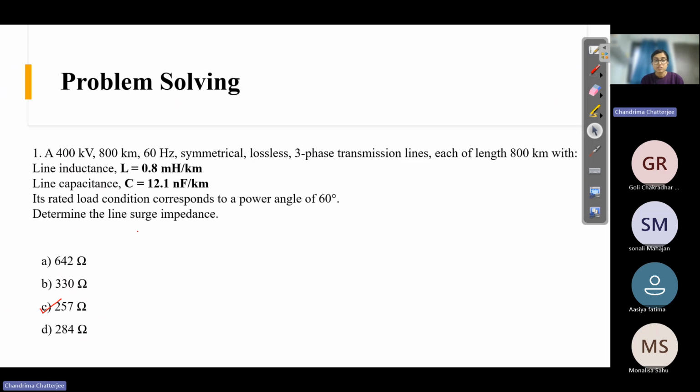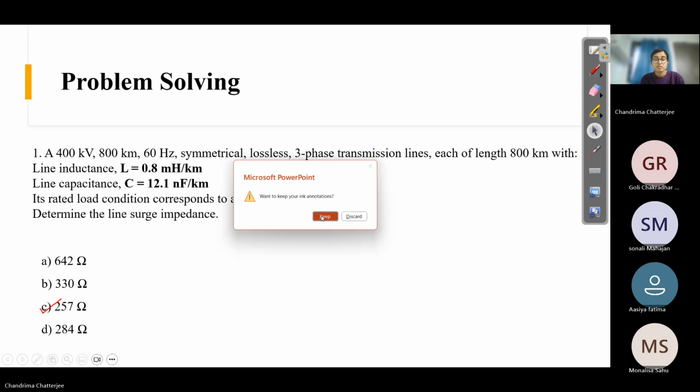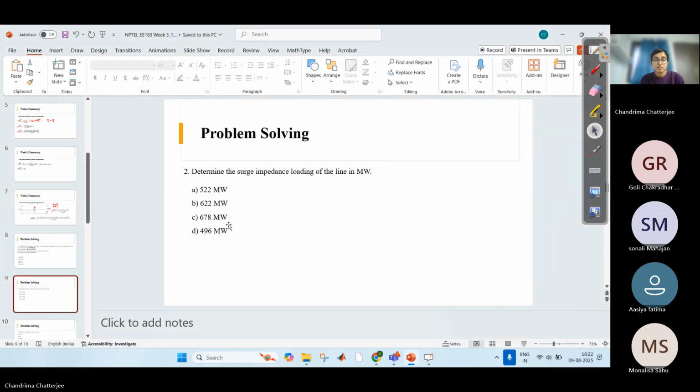This is the first question. The second question is to determine the surge impedance loading of the line.